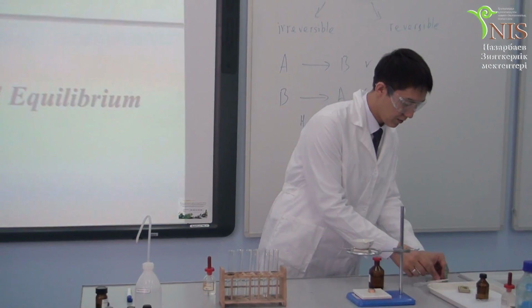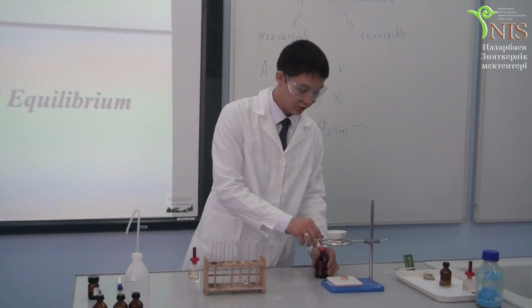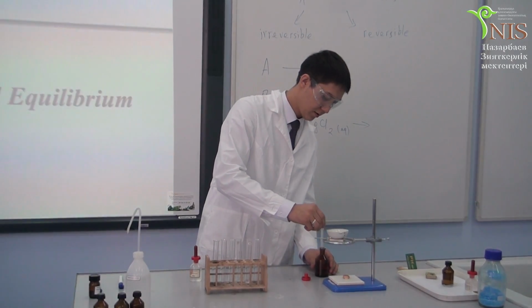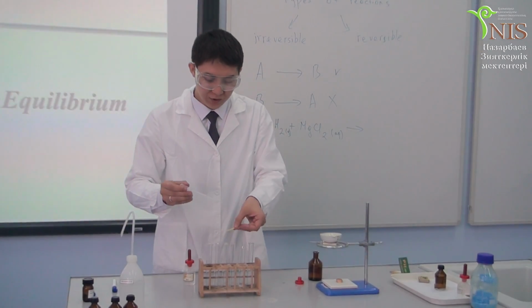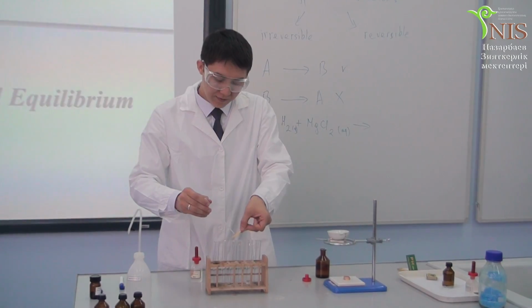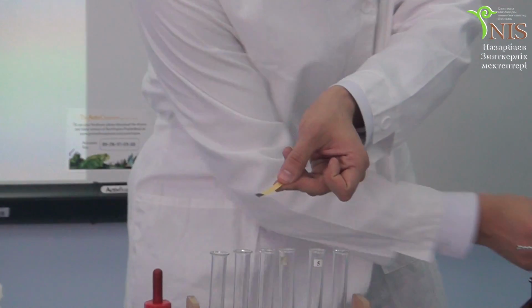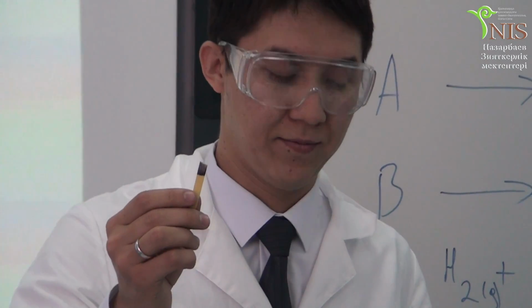And if we do another test with the sodium hydroxide solution, let me add some sodium hydroxide into yellow indicator. You can see the color change. And our indicator turns to dark blue, purple color.